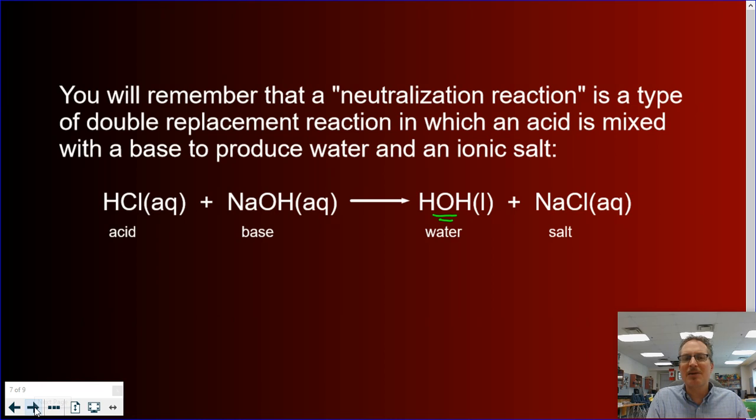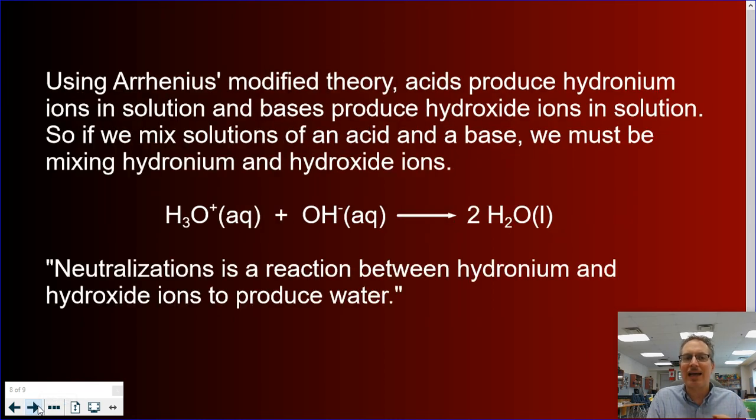Well, let's get a little bit more specific and start looking at this kind of like through Arrhenius's eyes. So, using Arrhenius's modified theory, acids produce hydronium ions in solution, and bases produce hydroxide ions in solution. So, if we mix solutions of an acid and a base together, we are actually mixing hydronium ions and hydroxide ions. Because if we think about this, right, if this was our HCl, our chloride ion is still floating around.